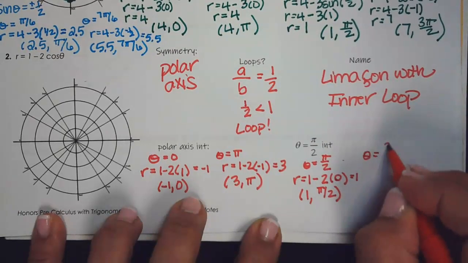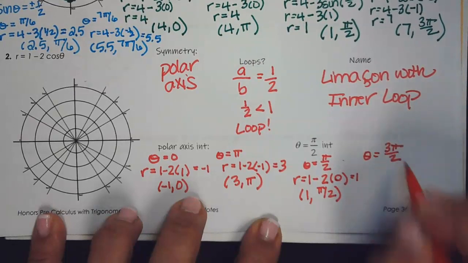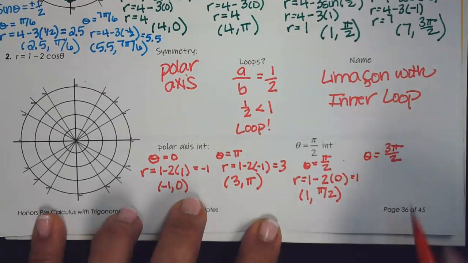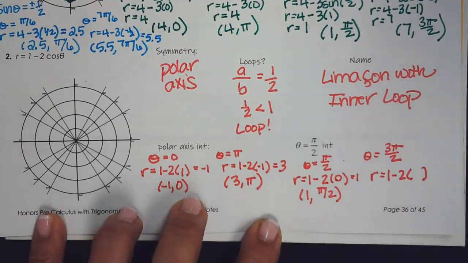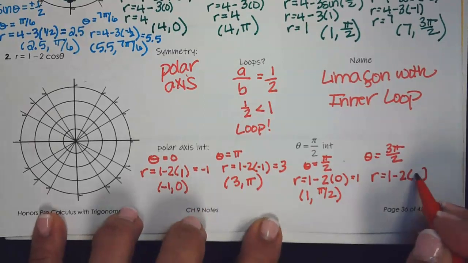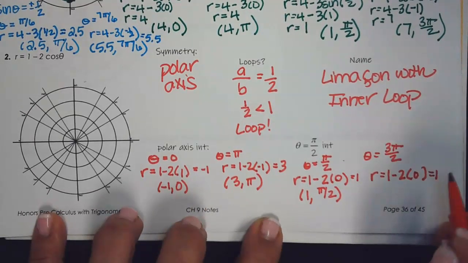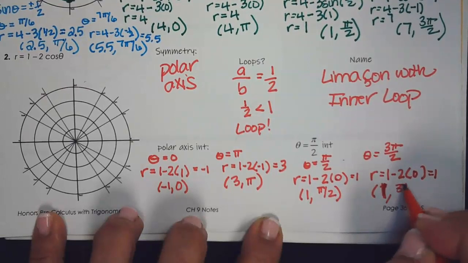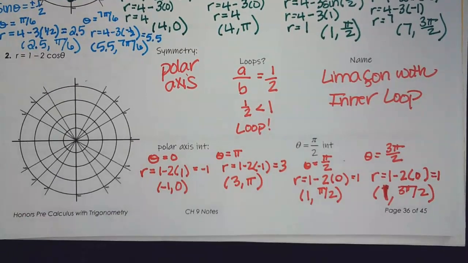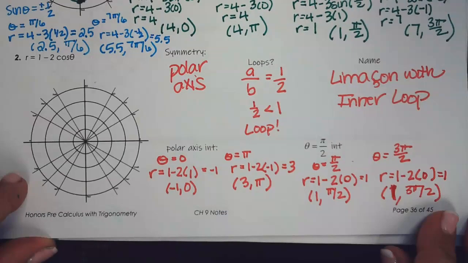And then we could do the same for 3 pi over 2. r would equal 1 minus 2 times the cosine of 3 pi over 2. The cosine of 3 pi over 2 is 0. So then we have a point at 1, 3 pi over 2 as well.